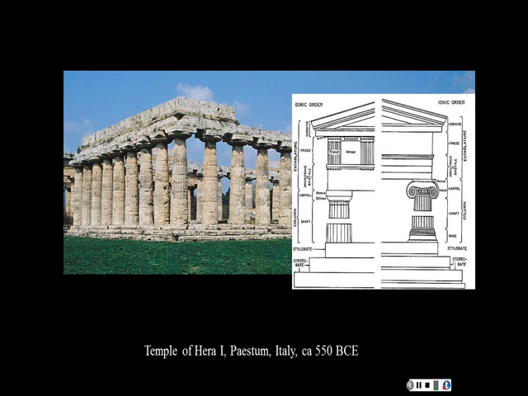And so this is so important to us because this is where we're going to find the artwork. Sculpture is going to be placed in these areas. The metopes were individual little squares of relief sculpture for the most part. And then in the Ionic temples, large friezes of continuous reliefs are going to appear.